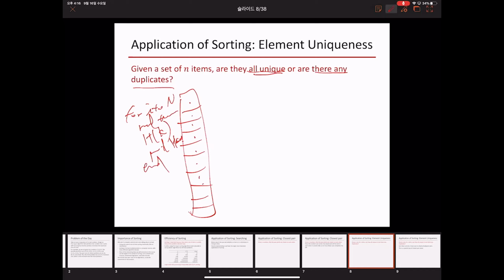After ending, if there is no event of duplicate, all numbers are unique. If there is some event, oh, there is a value already, meaning there is a duplicate. What's the analysis of it? What's the upper bound, the big O notation? I can do it just by reading once. Clear? Okay, thank you.